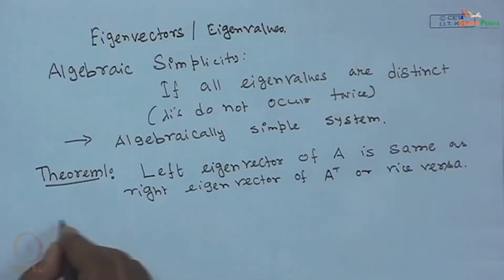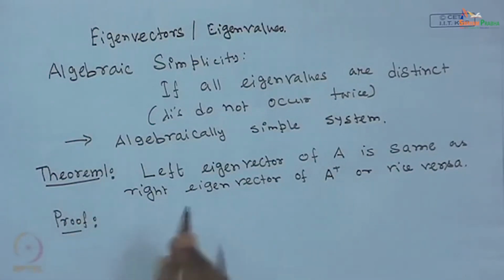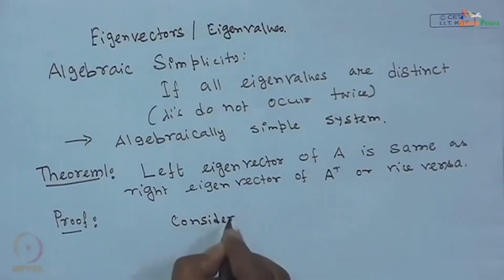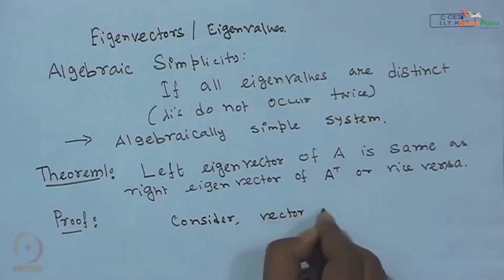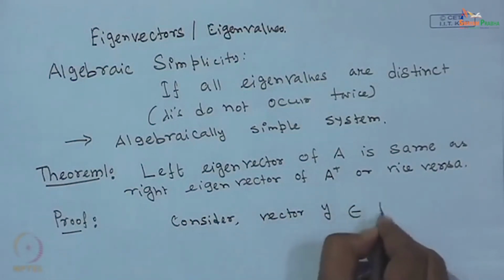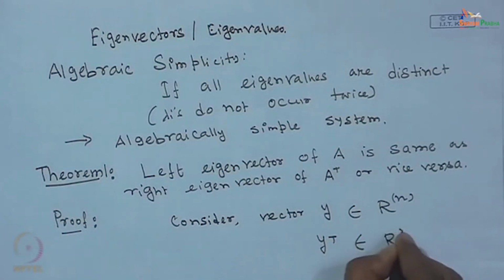Now, to prove this, let us consider a vector y belonging to n-dimensional real space. So, of course, the transpose vector also belongs to n-dimensional real space.